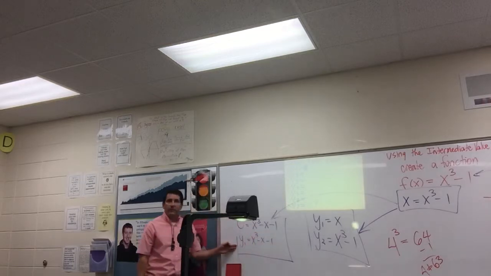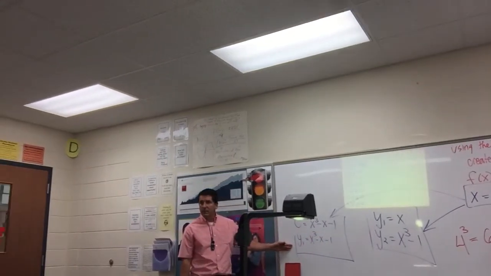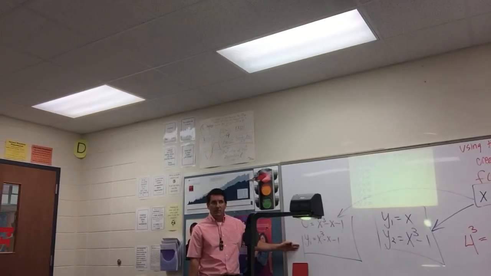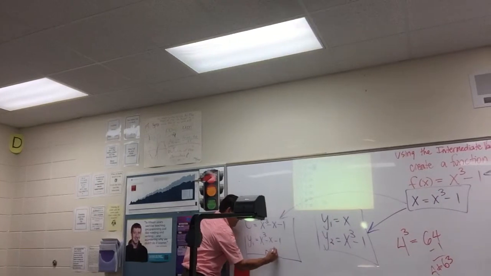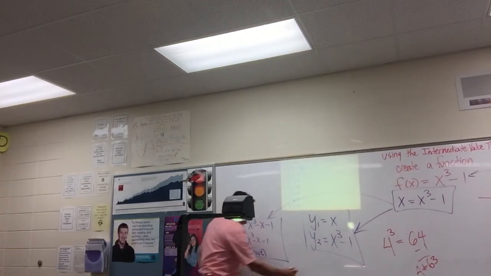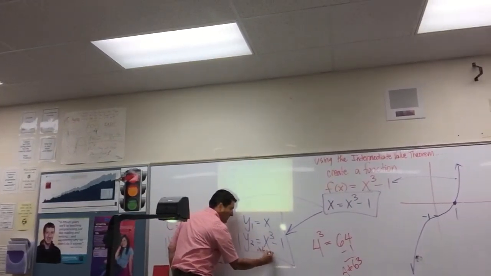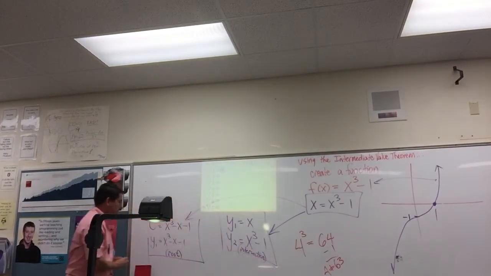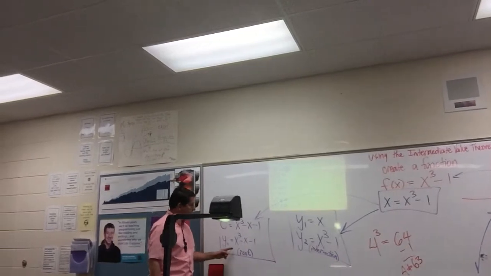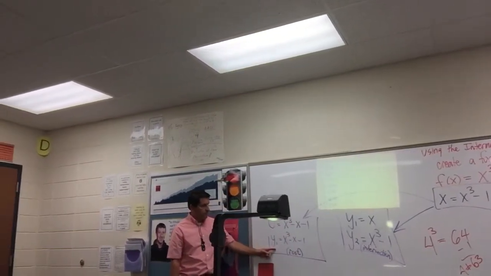and then where's the answer on this one? It's the x-intercept, so it's a root. This is where you do the intersection. This is where you do the root. So I'm going to graph this. We're going to do this one.